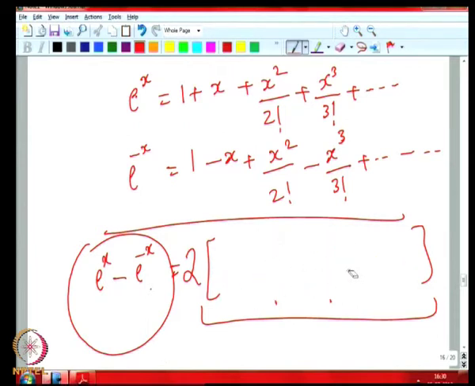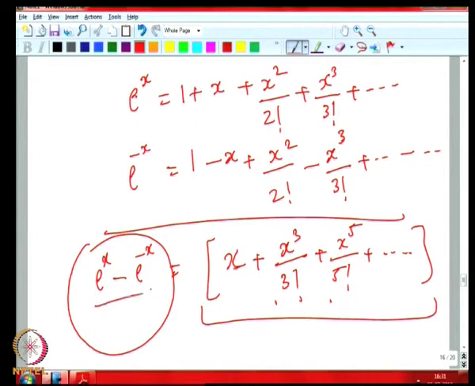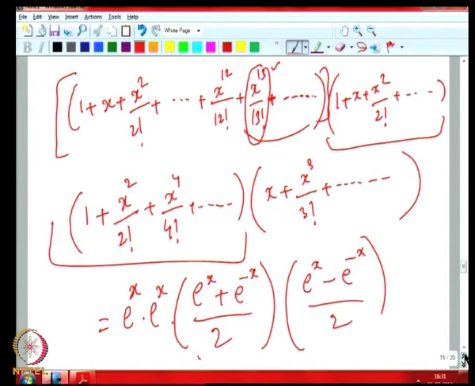So 1 will go away, but rather we will get 2 times x, then here this will go away, but this will remain, that is x cube by 3 factorial, 2 times has come here, so x raised to 5 by 5 factorial and so on. So this was the term which we got for the black flag, right. So we can take this 2 below, and that's how we got this thing, right.